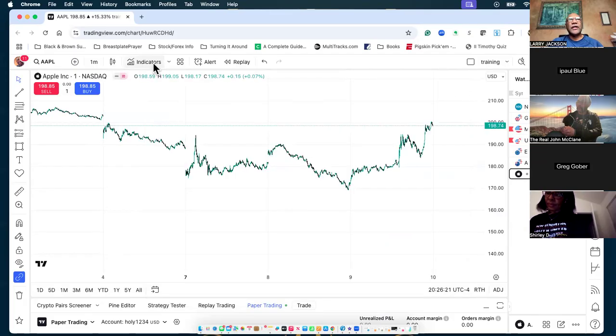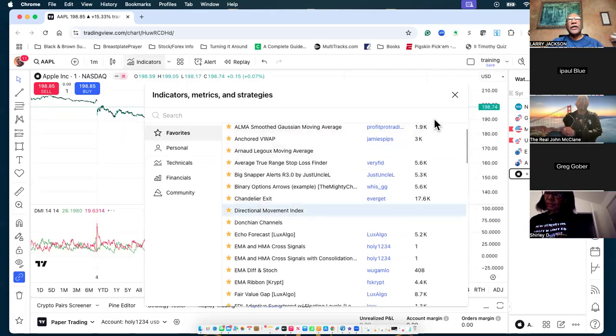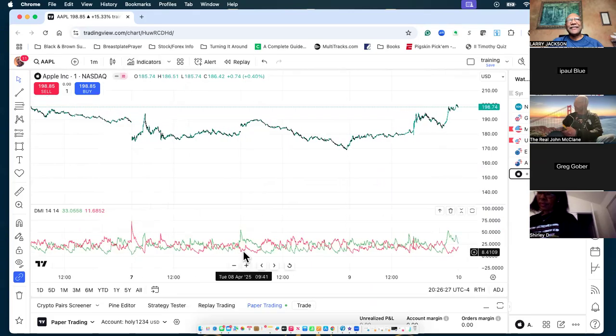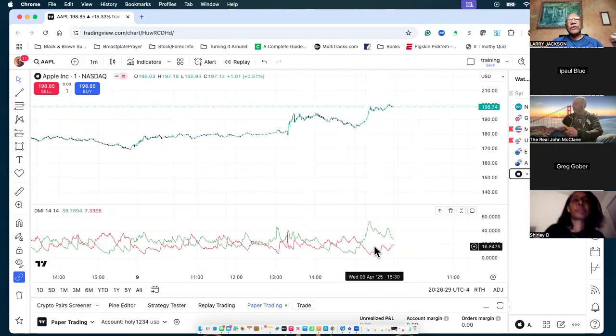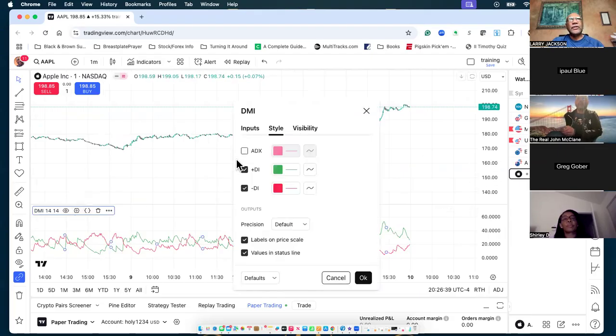So let me put it on my chart. I made sure I didn't put anything on my chart until y'all got here. And it looks like this. When you hover over it, you can go to the gear settings, and it's going to give you the DI, the ADX.